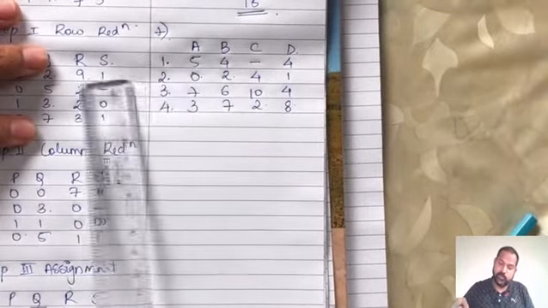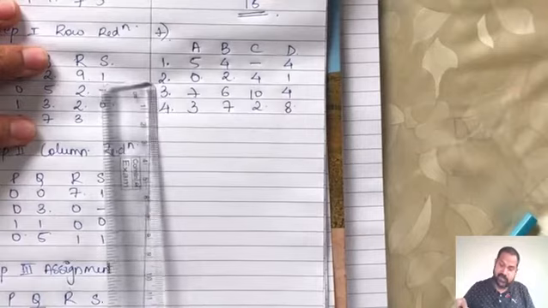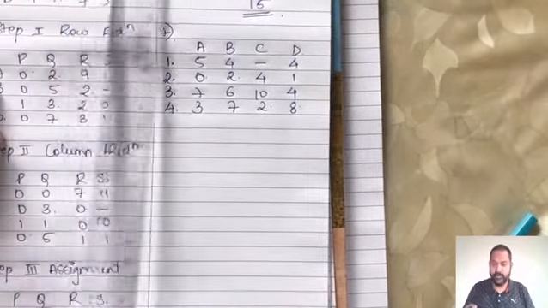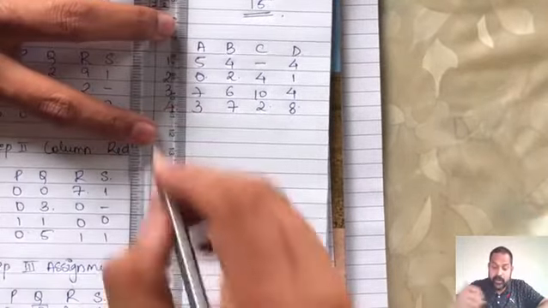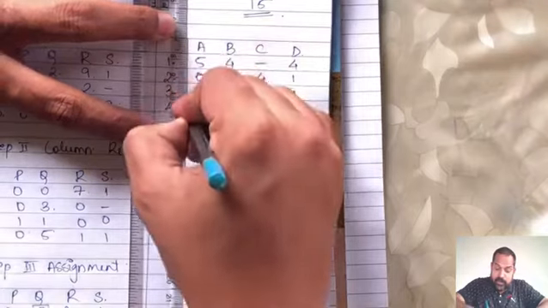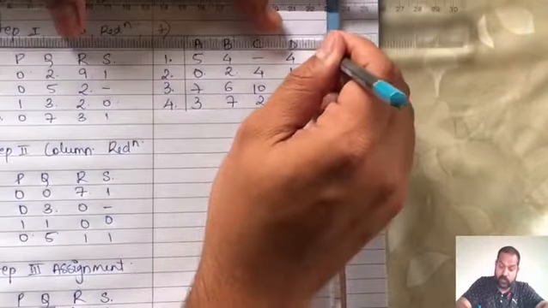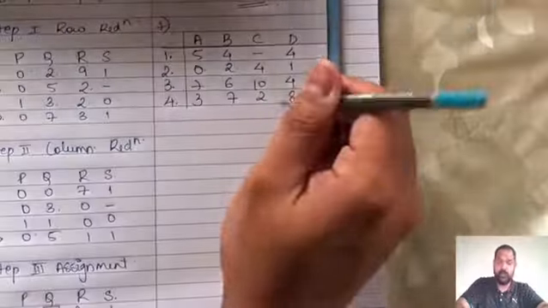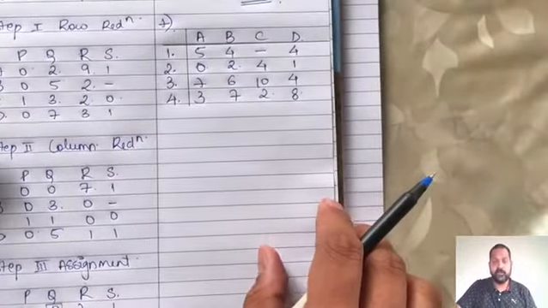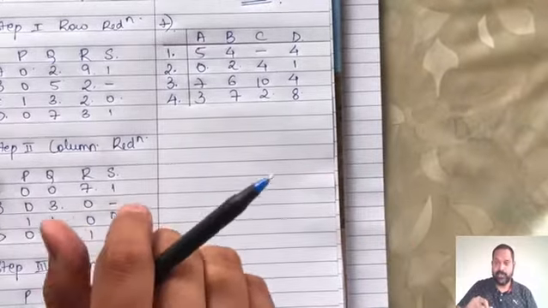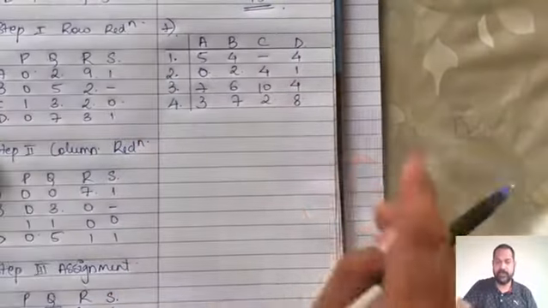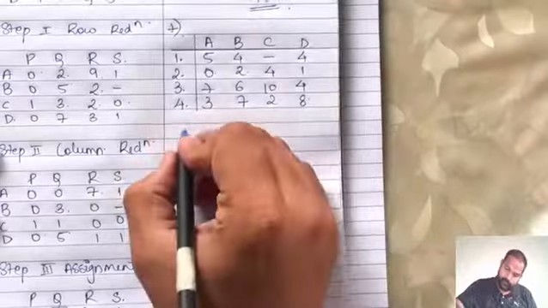The least is 2 and the least is 1. 2 minus 1 is 1 and so on. Please don't do that. This is not the values. This is the numbering for the rows. So this is what I do. I draw one line horizontally and one line vertically so that there is a bifurcation, that this is numbering and these are the values.